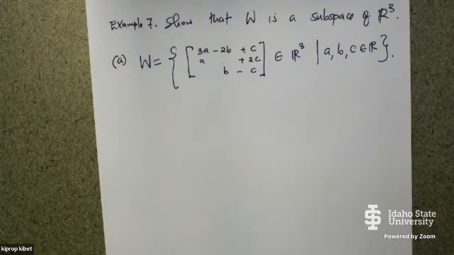So what you need to do is look at the linear combination of this. What is the span of this? These are actually linear combinations.